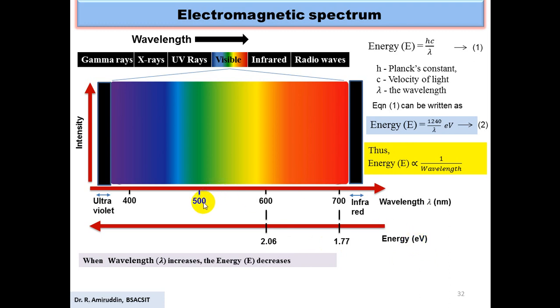Similarly, substitute 500 nanometer wavelength in equation number 2. We have 1240 divided by 500, which is 2.48 electron volt. And similarly, when we substitute 400 nanometer wavelength in equation number 2, we have 1240 divided by 400 nanometer, that gives you 3.1 electron volt.